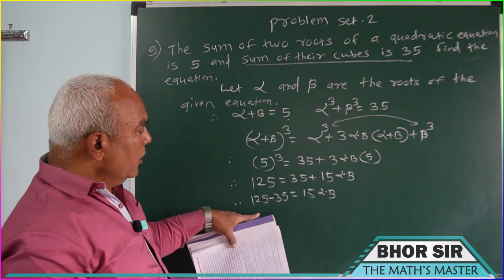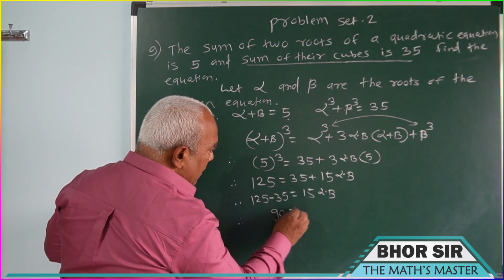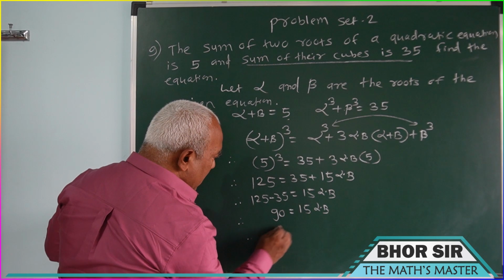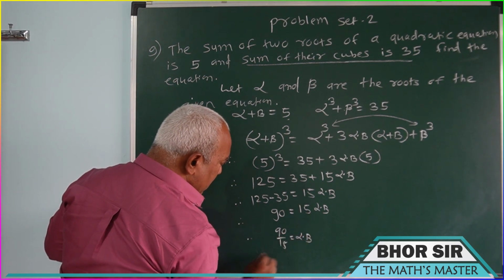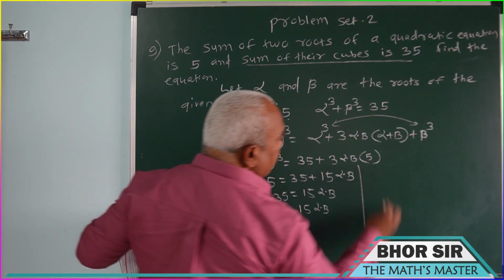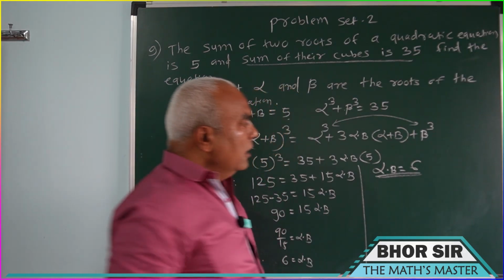Subtraction 125 minus 35, answer 90. 90 equals 15 alpha into beta. 90 upon 15 equals alpha into beta. Answer is 6, alpha into beta equals 6.